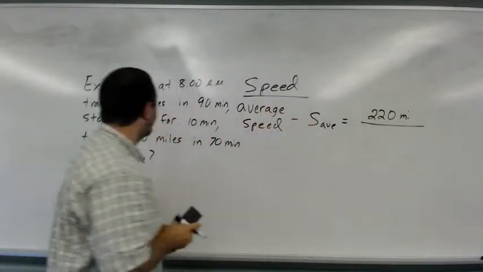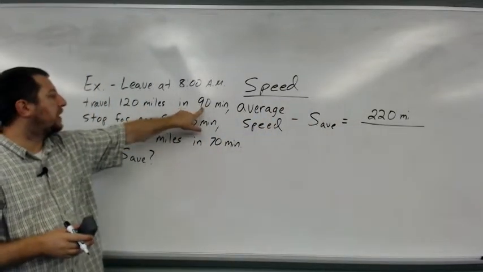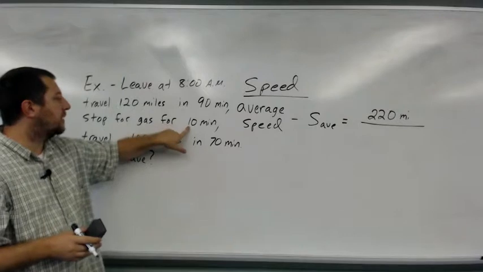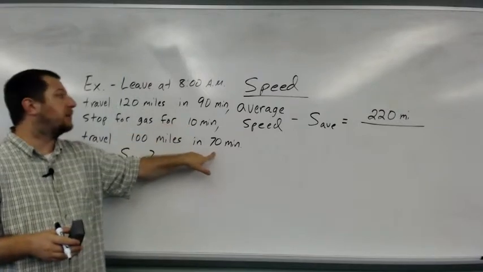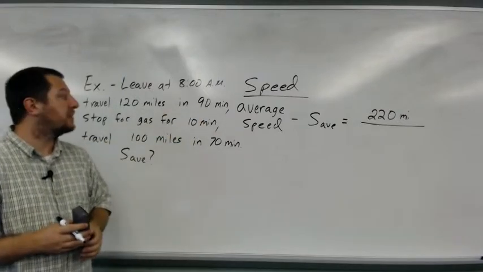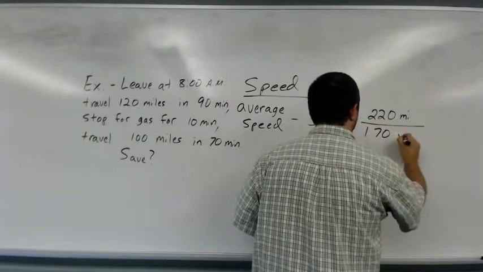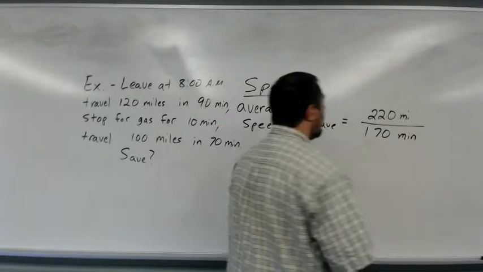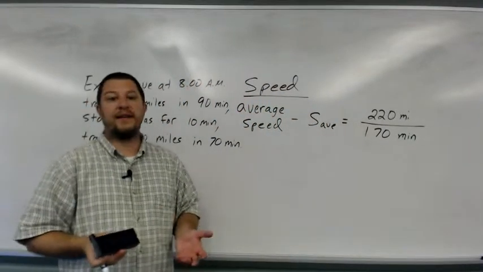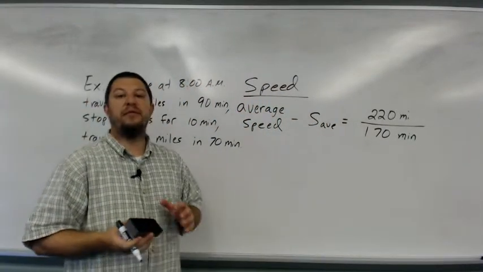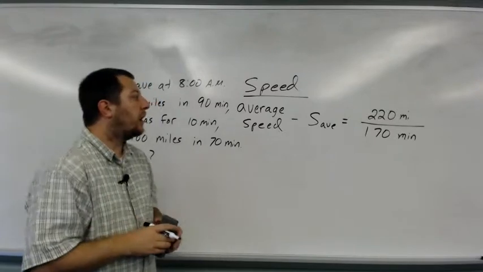And the total time, I have 90 minutes plus 10 minutes plus 70 minutes. So I've traveled for 170 minutes. If you want to, you could convert that to hours. That'd be just under 3 hours.